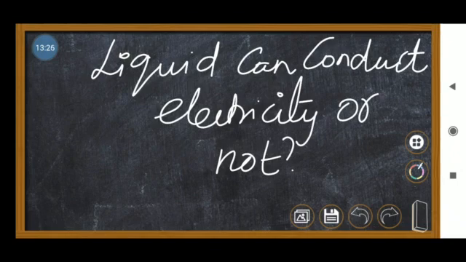For that there is one activity. You take a discarded cap, or a small vessel or small beaker, and a cell, and you take a lemon solution or any salt or sugar solution. Instead of the free wires, you dip them into the liquid to check whether that liquid will conduct electricity or not. This one we will see in the next slide.